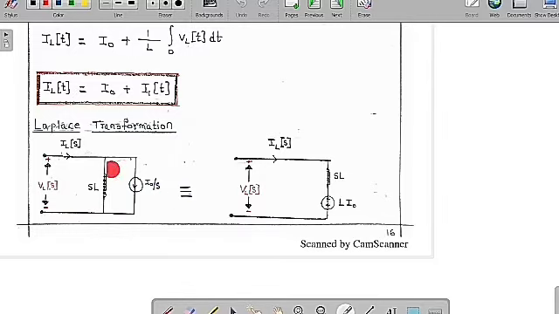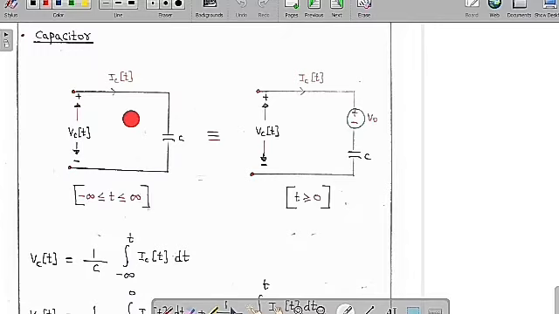If we do the product of these two values, we are going to get L into I naught, and the polarity positive is downward and the negative is upward, which is L into I naught. And the internal resistance is the same, SL. So we can go for the conversion. You can apply this one or you can apply this one. Any of them you can apply to solve the problems.